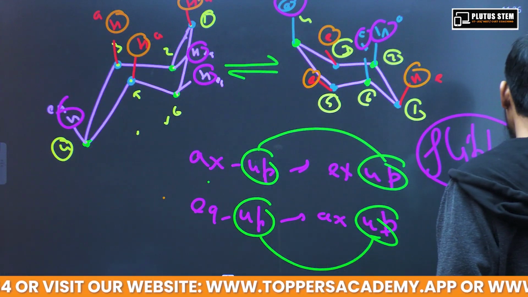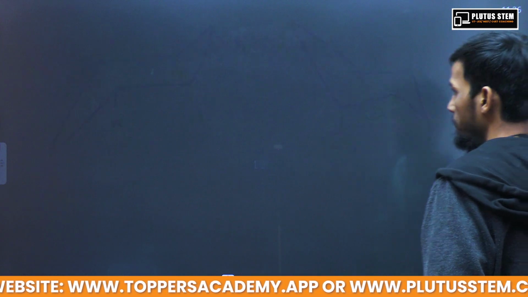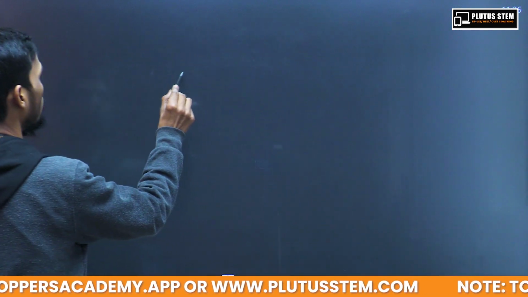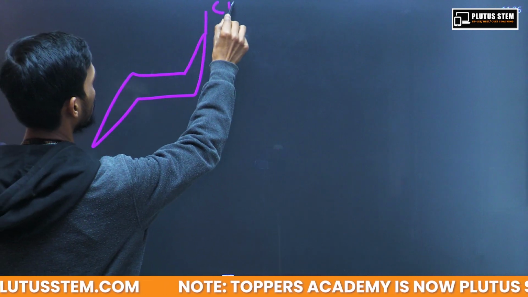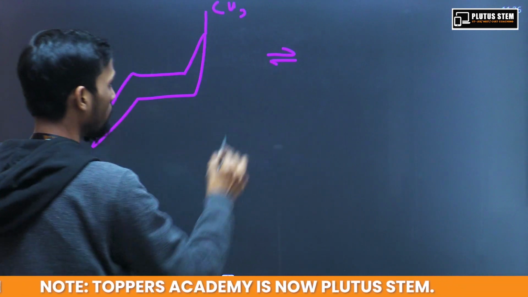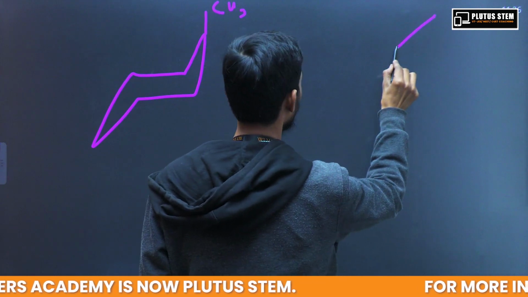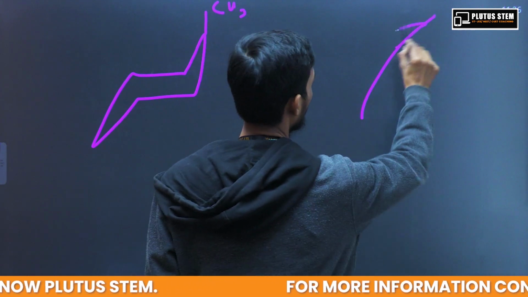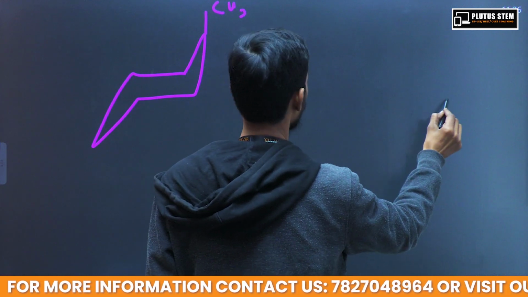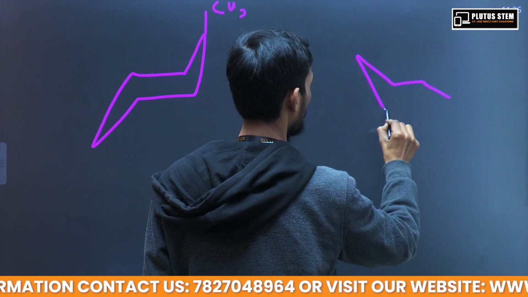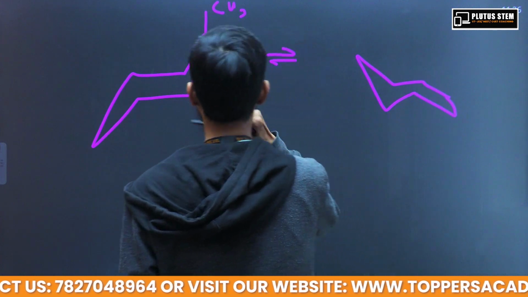So we will take an example of this phenomena. If this is a CH3 over here, so after ring flipping, what will happen to this? This is upside.